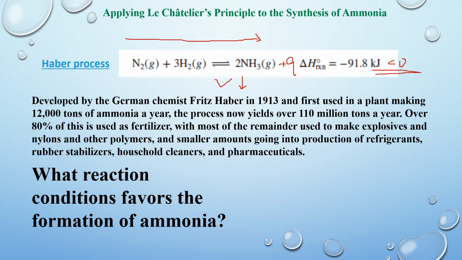We know it's an exothermic reaction. So we want to lower the temperature, so the chemical reaction is shifted to the right.